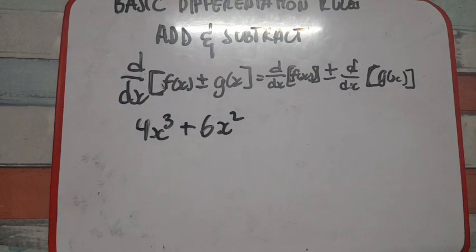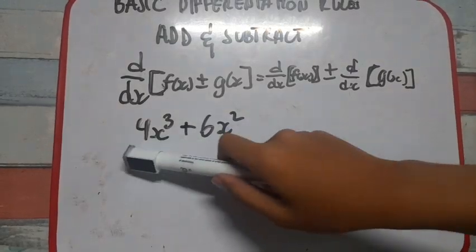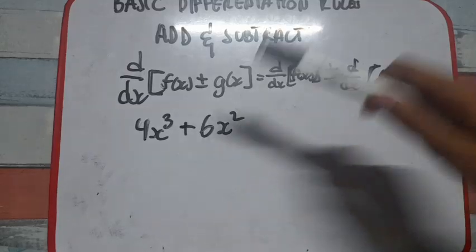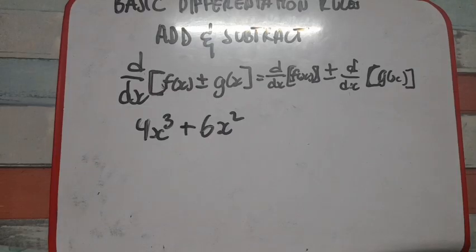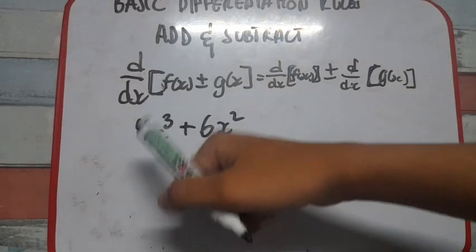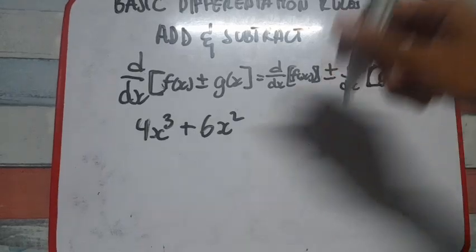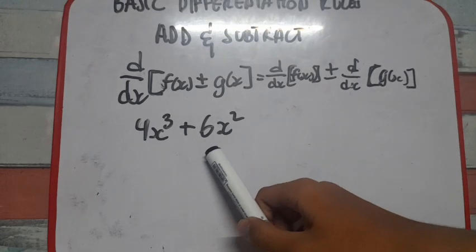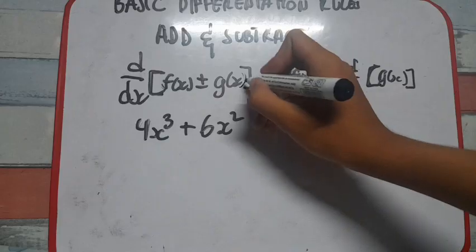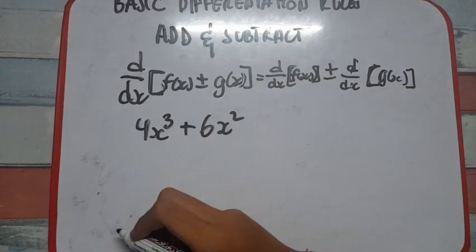What we're going to do in the sum and difference of derivatives is find the derivative of each of these two terms and just combine them. Let's start with 4x cubed, which represents f of x, and 6x squared represents g of x. Start with f of x here.